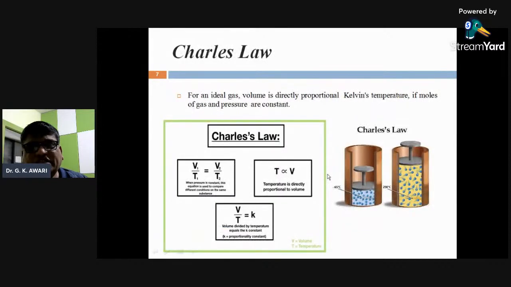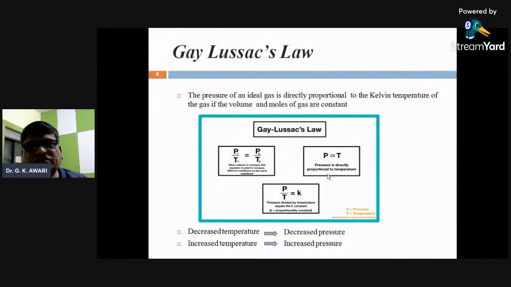In the earlier case, temperature is proportional to volume, and in this case, pressure is proportional to temperature. Therefore, P by T is equal to a constant, which we can write as P1 by T1 is equal to P2 by T2. So decrease temperature, decrease pressure; increase temperature, increase pressure.